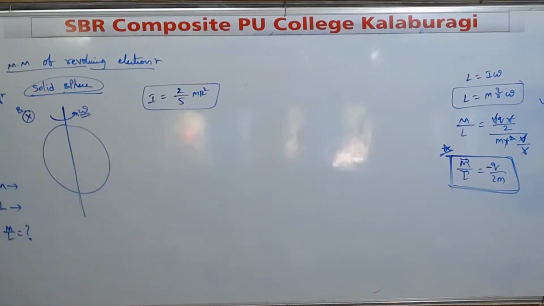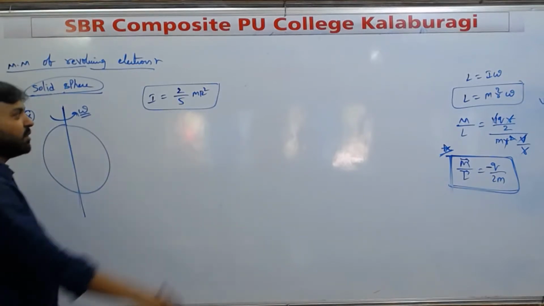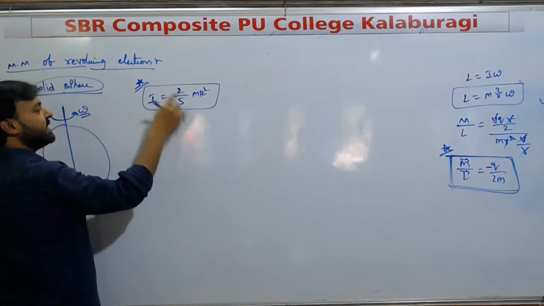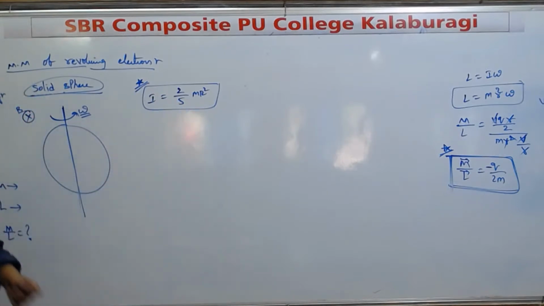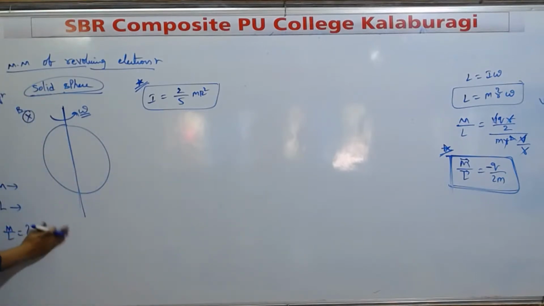If it is hollow, 2 by 3. Okay, moment of inertia for the solid sphere is 2 by 5 m r square.